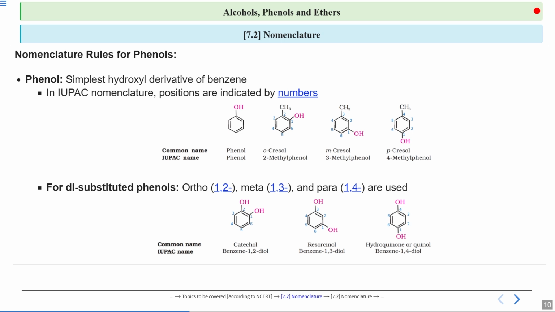So the common name is catechol and the IUPAC name is benzene-1,2-diol. Then we have resorcinol, whose IUPAC name is benzene-1,3-diol, with OH groups at the first and third carbons. Then we have hydroquinone or quinol, which is benzene-1,4-diol, because at the first and fourth carbons we have OH groups attached.